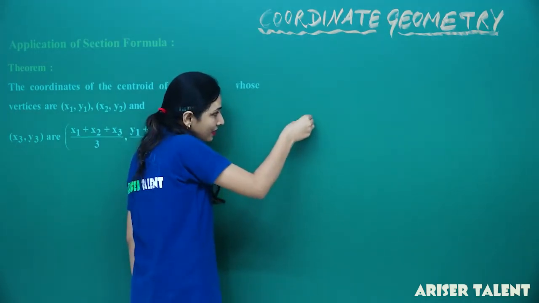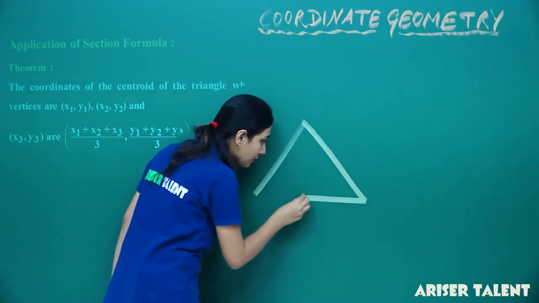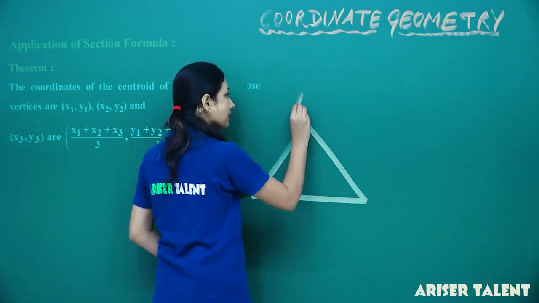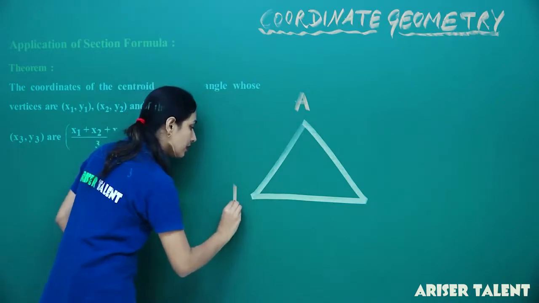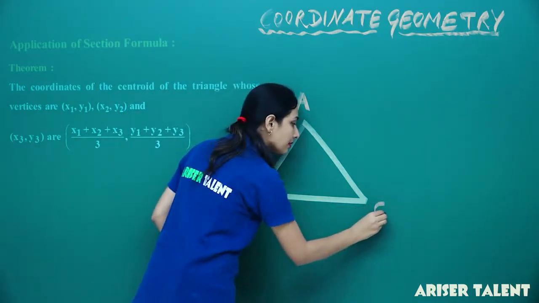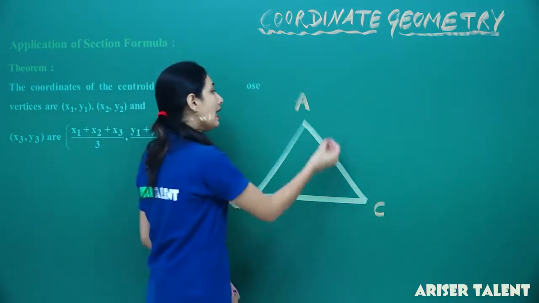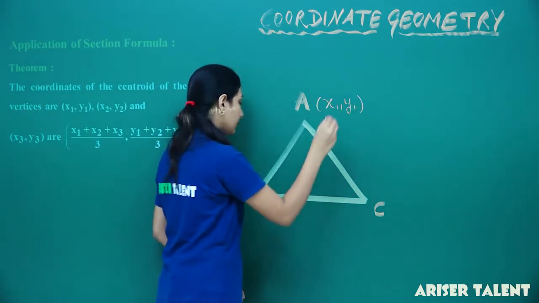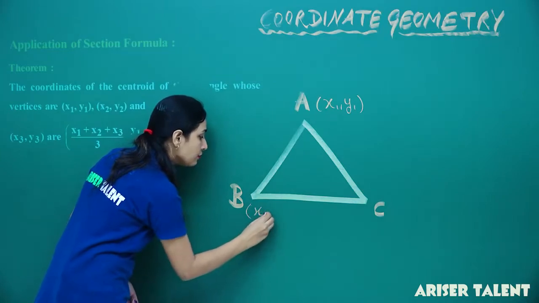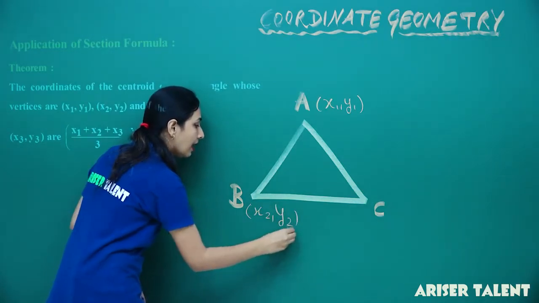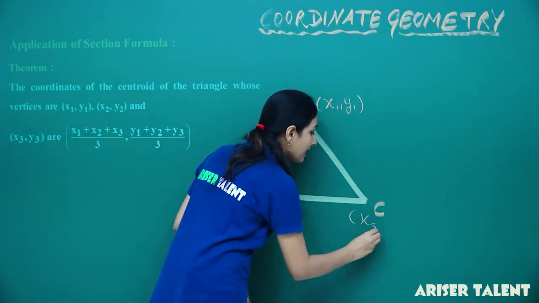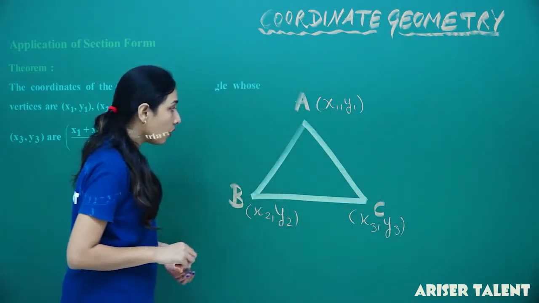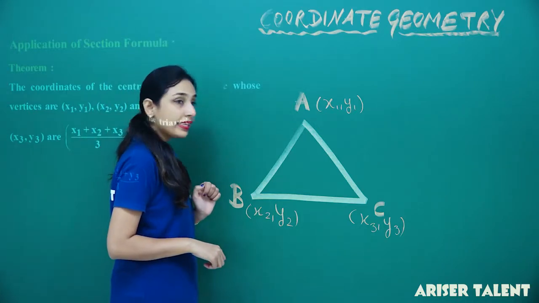So if this is my triangle here and the vertices are named A, B and C, and let the coordinates be x1, y1, x2, y2 and x3, y3. Now, what do we mean by the centroid here?